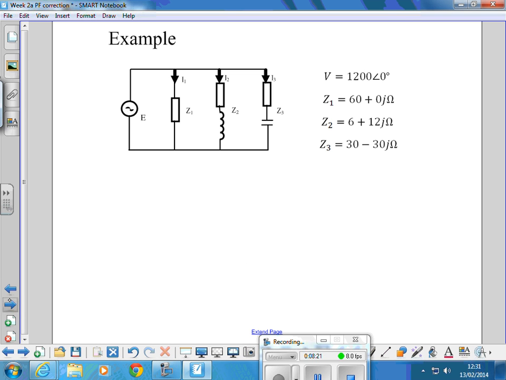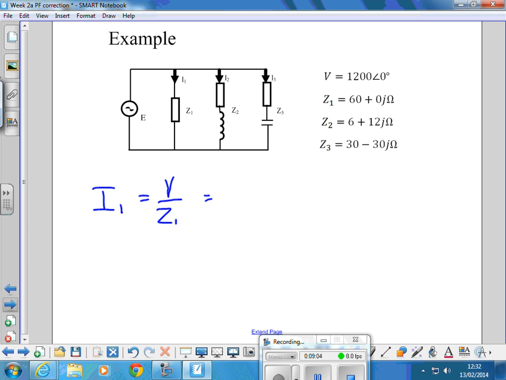So, how do we calculate I1 then? I is equal to V over Z1 in this case. Our impedances are in rectangular form, so what's 1200 volts angle 0 in rectangular form?